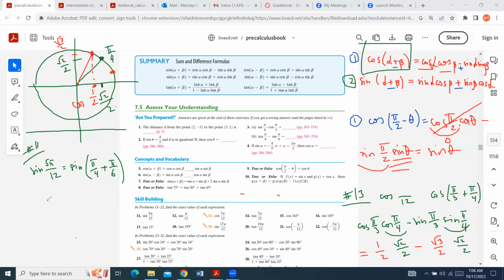So what we do is utilize this sine cosine and sine cosine formula: sine first, cosine second, and then vice versa, sine second, cosine first. So sine cosine, and the same plus here, and then again sine cosine, but now with pi over 6 and pi over 4.